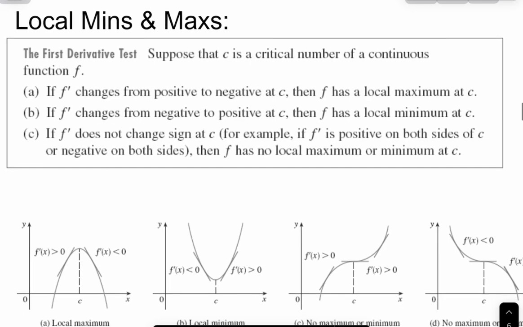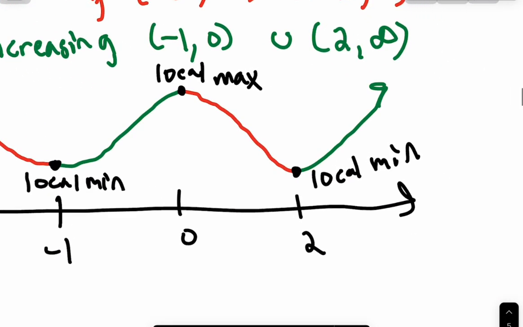That brings us to finding local mins and maxes by the first derivative test. Here's the part you really want to highlight. A critical number of a continuous function is a local max if the first derivative changes from positive to negative. So look right back up into my picture.